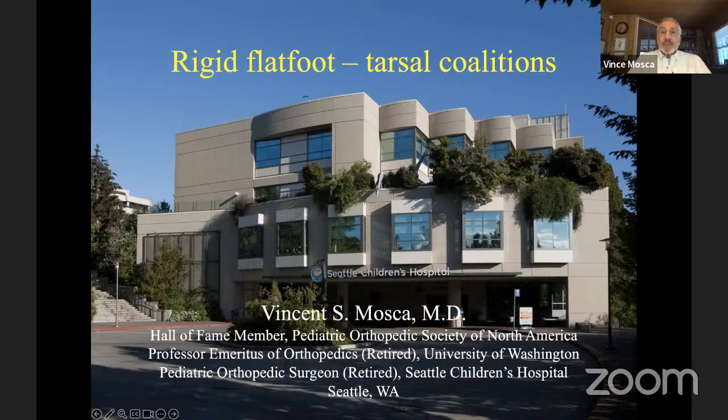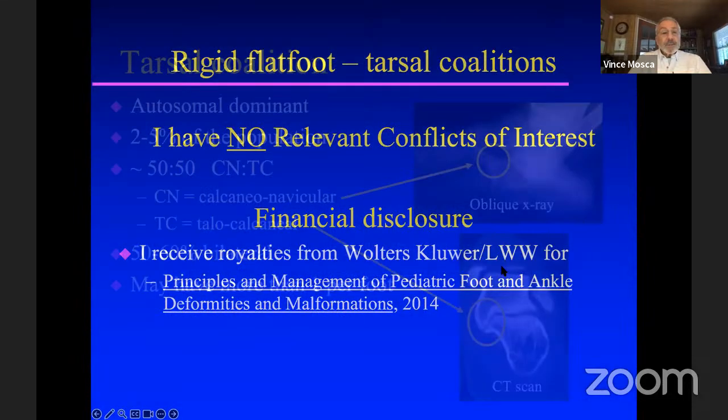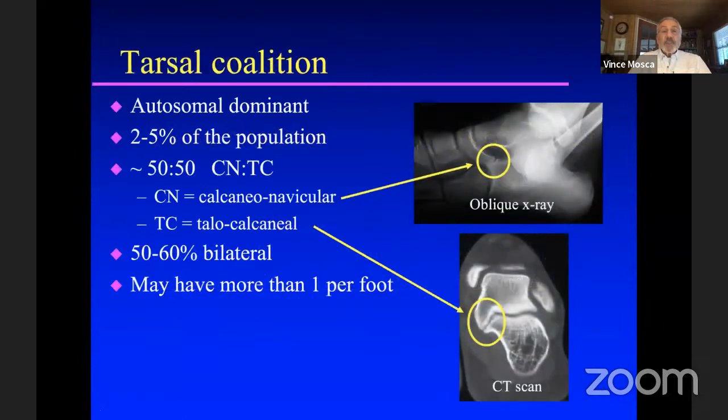That's what I'm going to talk about today: that group, 9% of the 23% of soldiers, adults, who had rigid flat feet, not flexible. So that's the group I'm going to talk about.